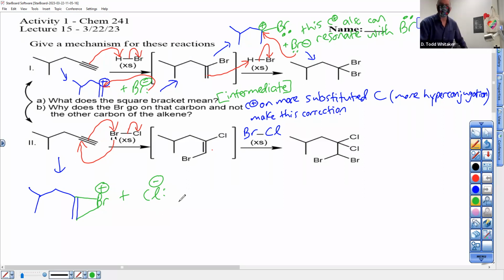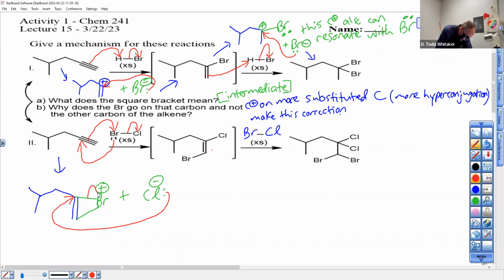And what happens every time you make a triangle? What is the next step called? Backside attack on the more substituted carbon, because it's the one that spends more time with a plus charge. If you haven't memorized that statement, watch a few more videos where I say it, because it just happens every time. Okay, backside attack on the more substituted carbon. Why?